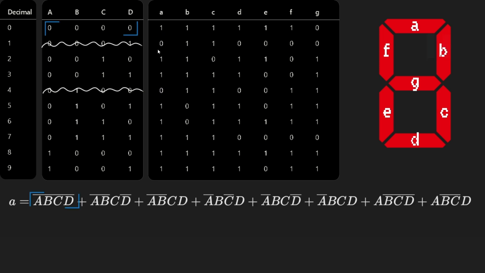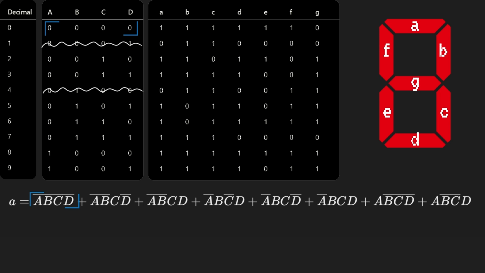So we can create an expression before building the logic gate. To build an expression, we have to connect all these inputs with an AND gate for all these combinations from 0 to 9. For example, as you can see, A, B, C, D, and you will see a bar above it. Bar represents the NOT gate. So the single section like A bar, B bar, C bar, D bar should output 1 because all these inputs will be connected by an AND gate.